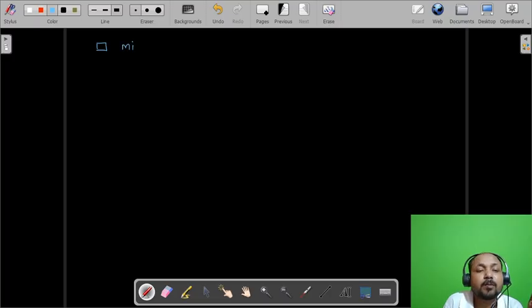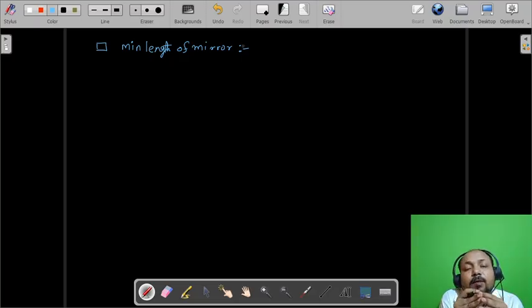The minimum length of mirror is the sufficient length that will be enough to view the full image of the object. Let us take one example, and we will learn with the example here.